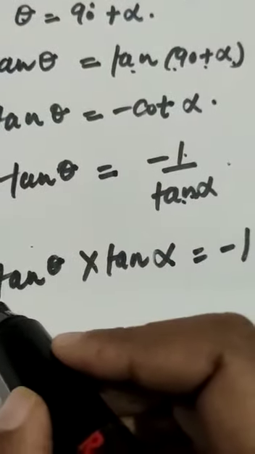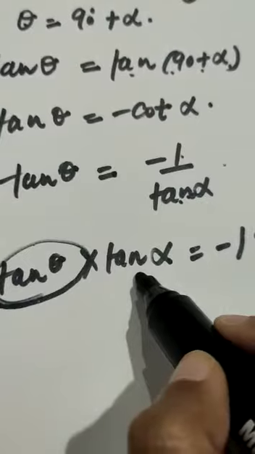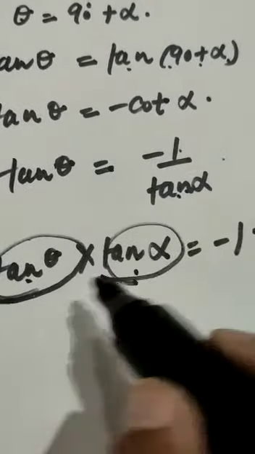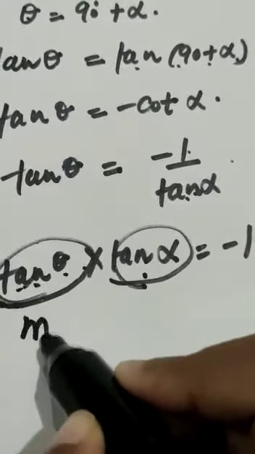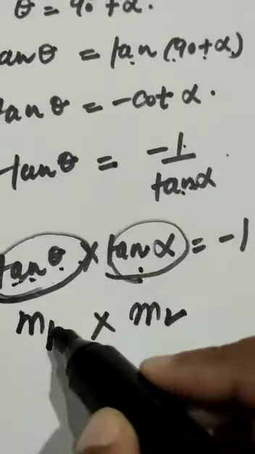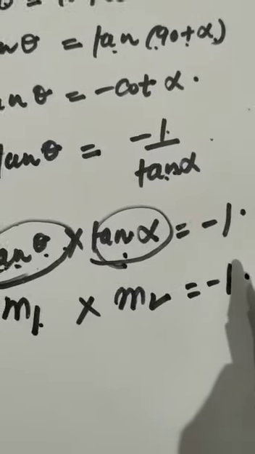This is the slope of line DC. This is the slope of line AB, and their product is equals to minus 1. If we name them M1 and M2, meaning slope of first line and slope of second line, M1 into M2 is equals to minus 1.